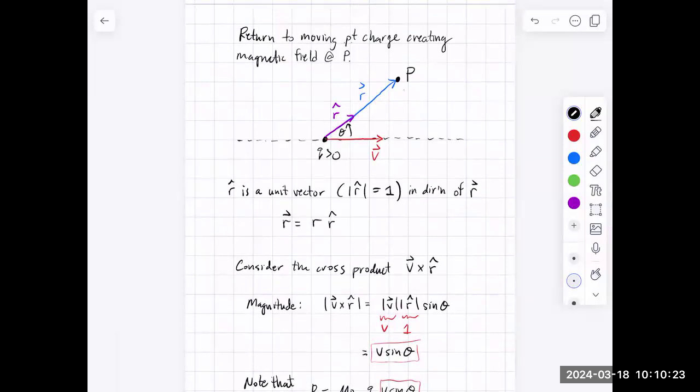For out of the page, we put a little circle with a dot in it. And so B is out of the page. This little circle with a dot is meant to represent an arrow. If someone was to shoot an arrow at you, what you would see coming towards you, out of the screen, would be the tip of the arrow flying towards your face. So this is the tip of an arrow.